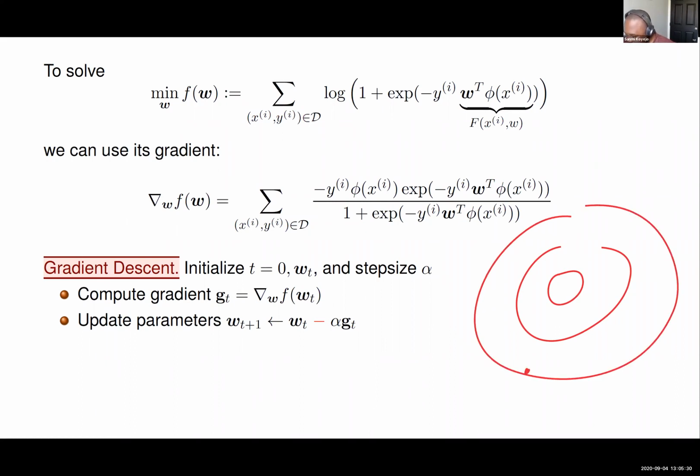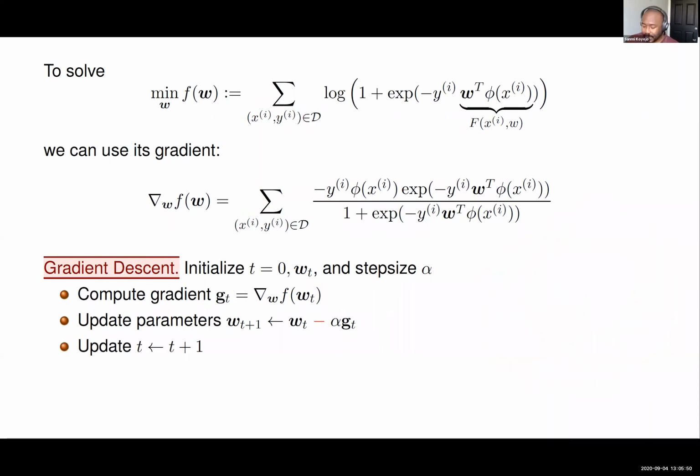We pick the gradient. So this is a vector in the direction of best descent, locally around W_t. And then we take a step of size alpha in that direction. So this is minus gradient, sorry. And we do this over and over again till we get to the minimum, and we just keep increasing our counter. So this is gradient descent.